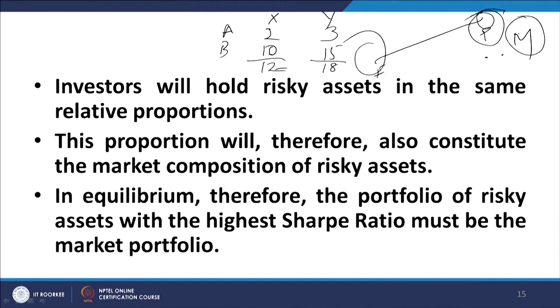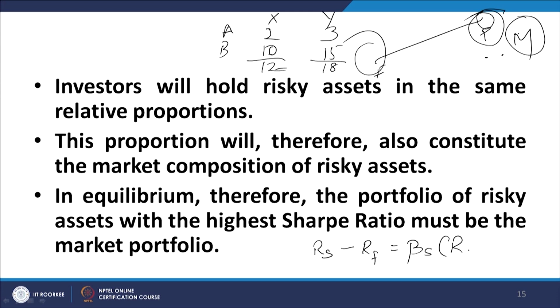So, what happens? Because this is the highest Sharpe ratio portfolio, its performance cannot be improved, any subsequent optimization cannot be done, and therefore we must have that for any security RS minus RF must be equal to beta S into RM.